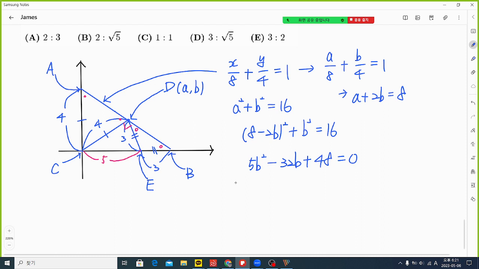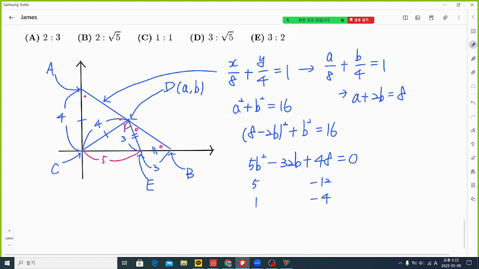So when we make this quadratic equation, we can factor this equation.